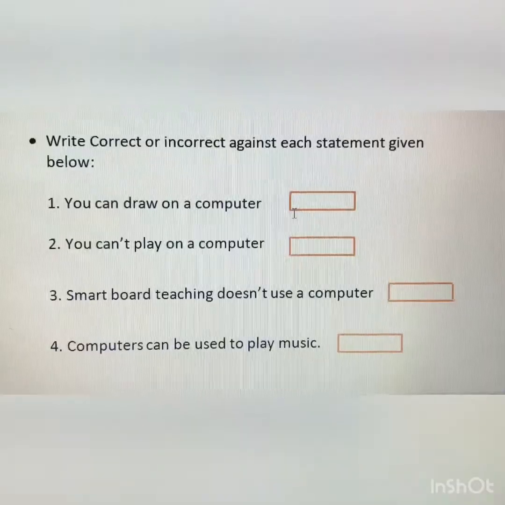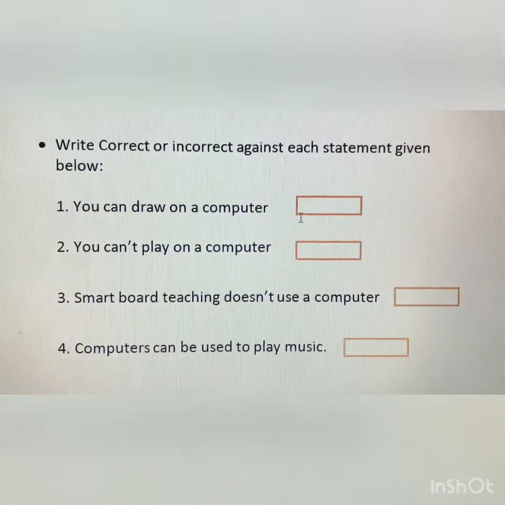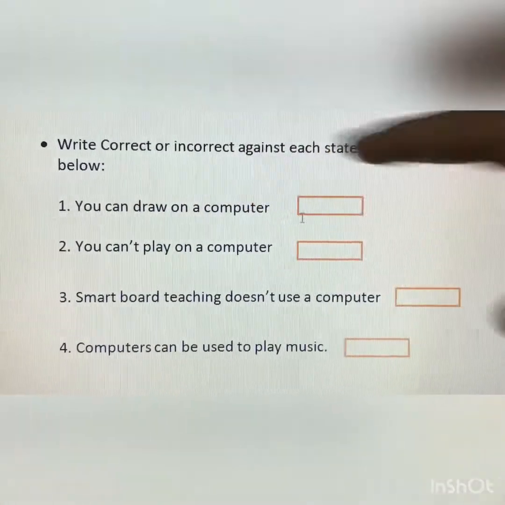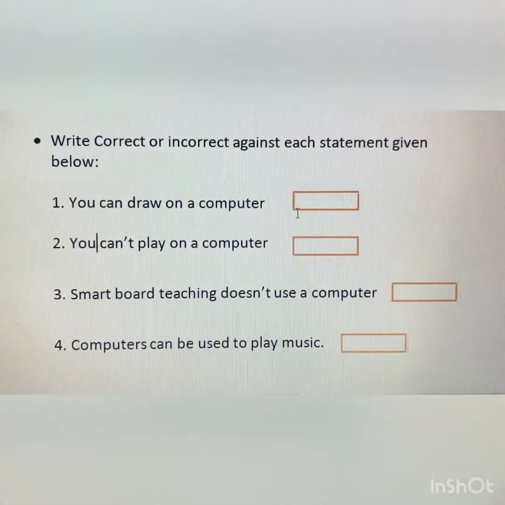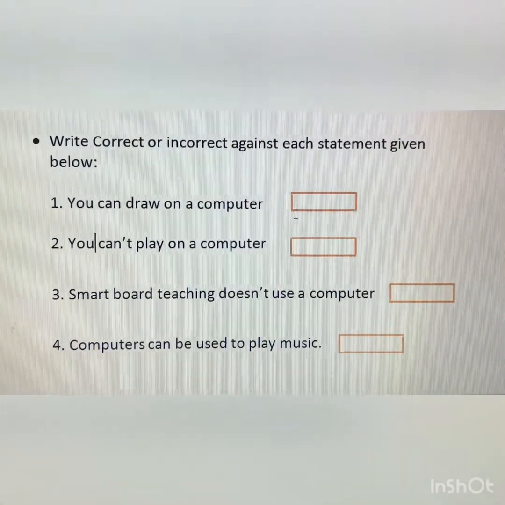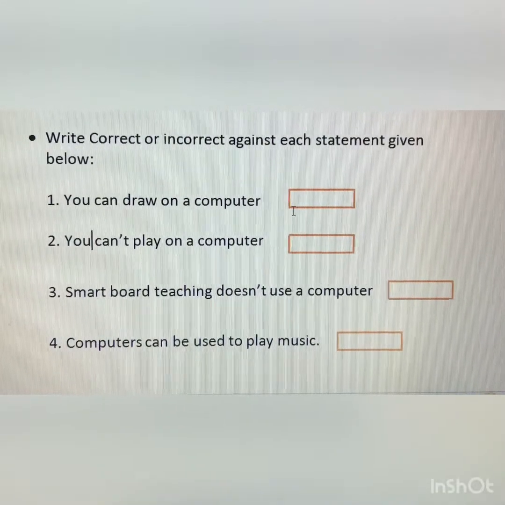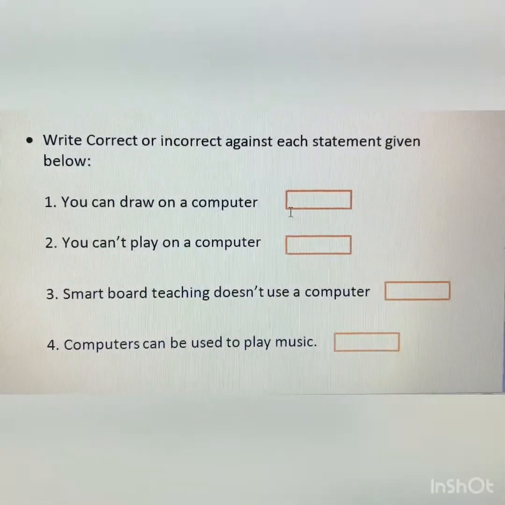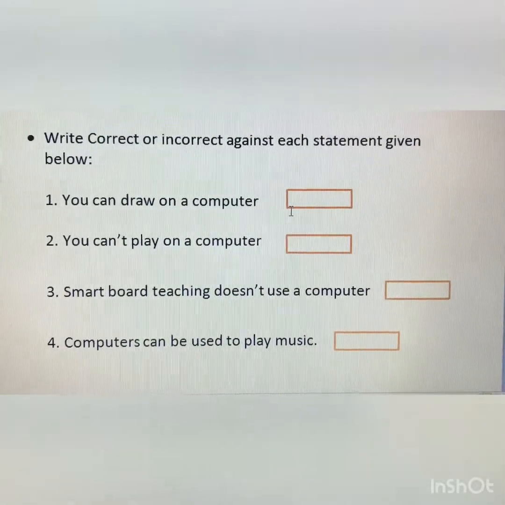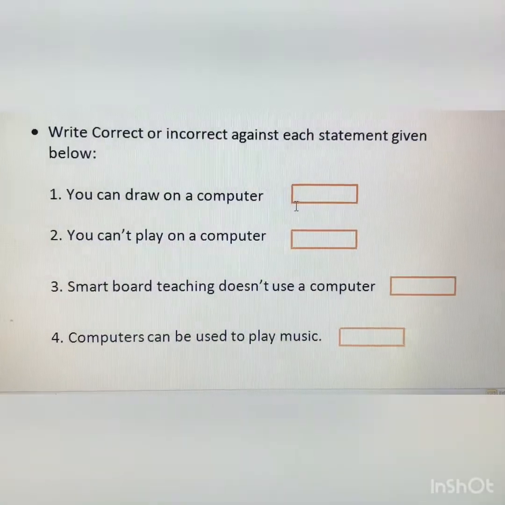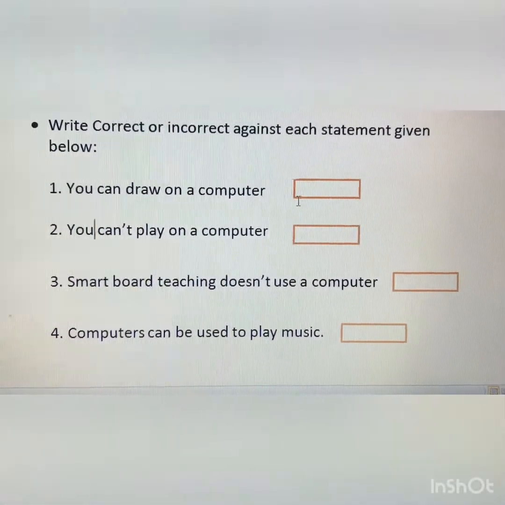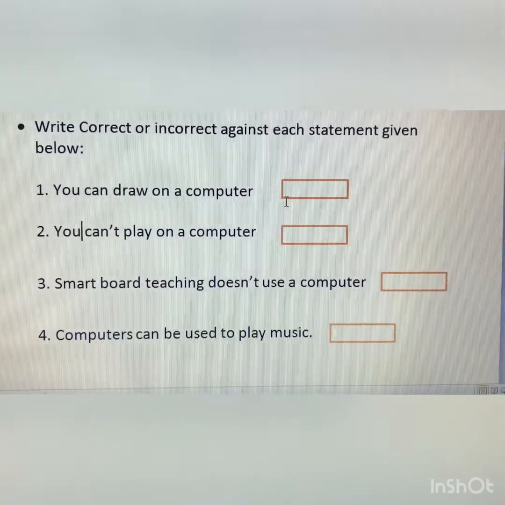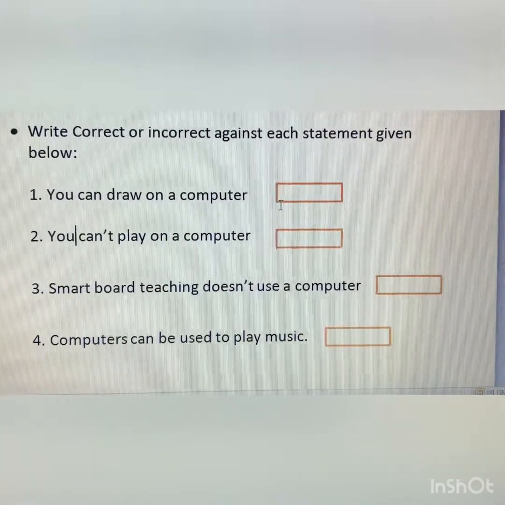Okay, students, now you have to write correct or incorrect against these statements. The first statement is: you can draw on a computer. Incorrect or correct? Correct. You cannot play on a computer. Yes, you can, so the statement is incorrect.